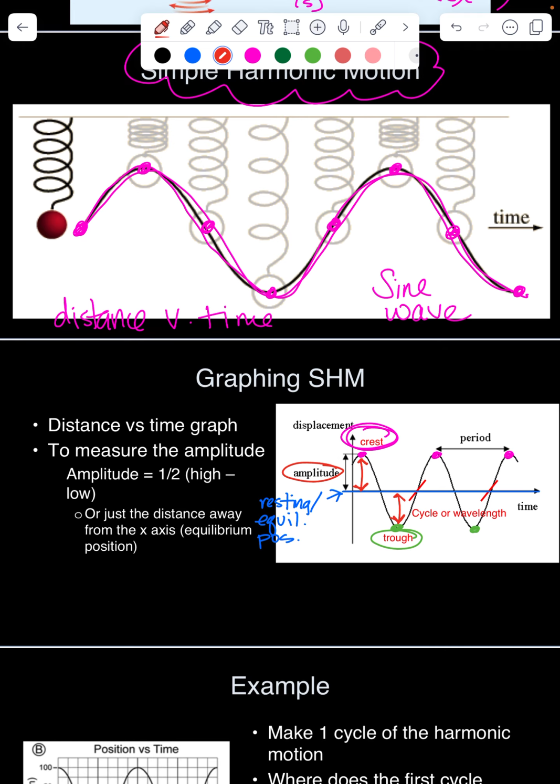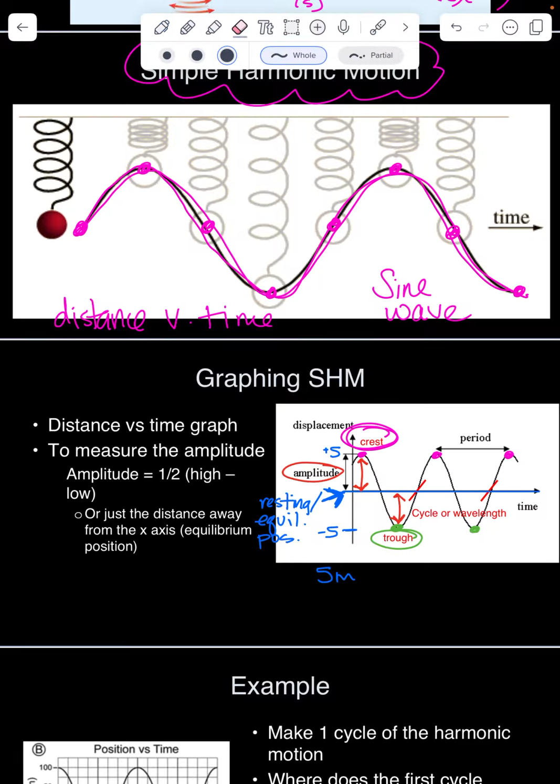The next thing, before we move on, I do want to make mention. All right, so most of the time, the resting position or the equilibrium position will be at that x-axis. All right, so say this was a +5 and then this was a -5. Your amplitude would just be 5 meters away from that resting position.